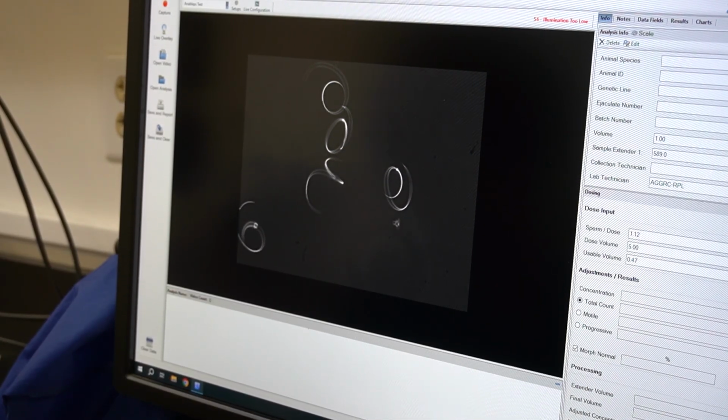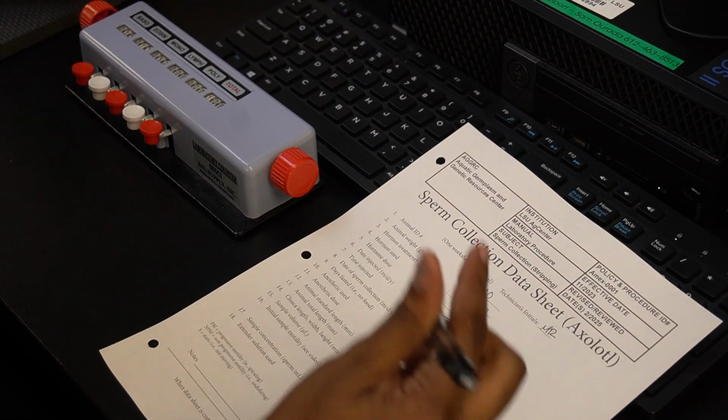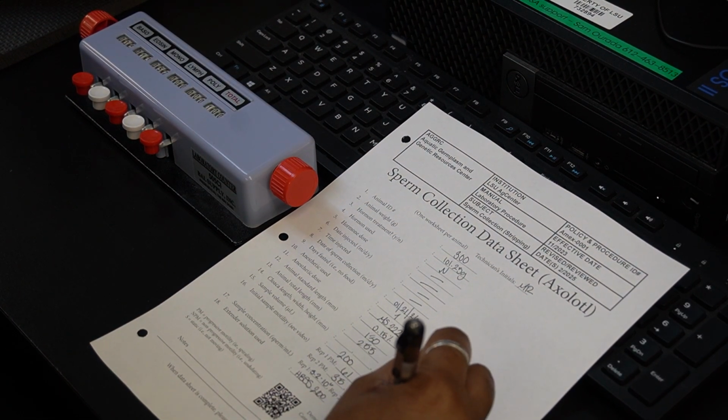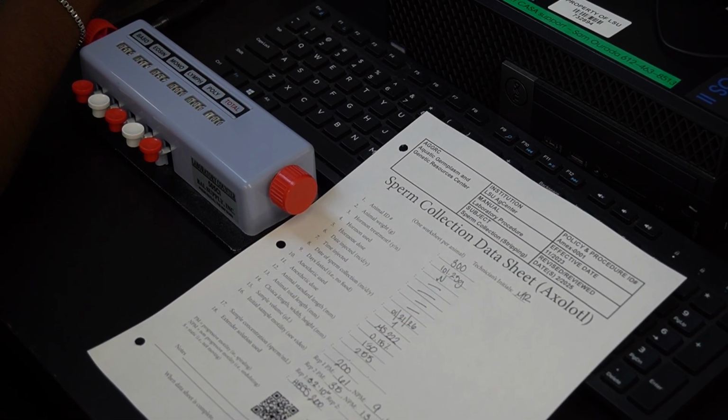So this side was a little worse, which isn't uncommon, but we have 35, 13, and then 52. And we'll just do our concentration again.